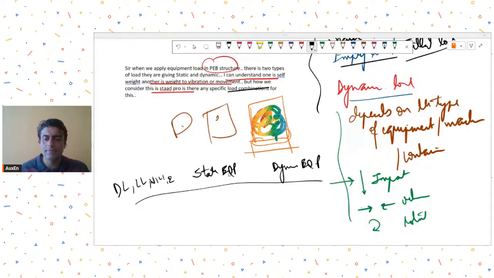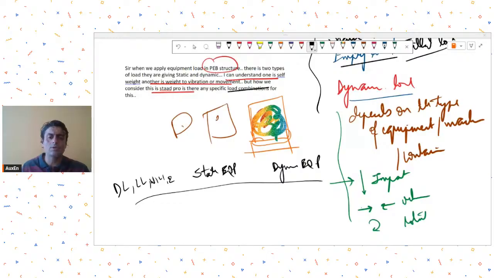Is this clear? Yes. So see, sometimes what happens is that the dynamic load includes the static load as well. Sometimes they give you it as a separate entity.